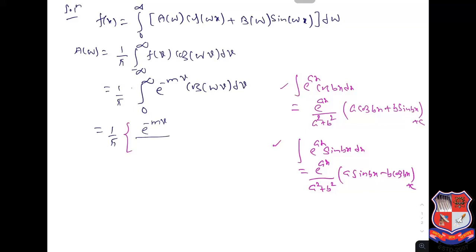Here a is minus m, so that is m square, and b is ω. So it is minus m cos ωv plus ω sin ωv, and the integration is from 0 to infinity.